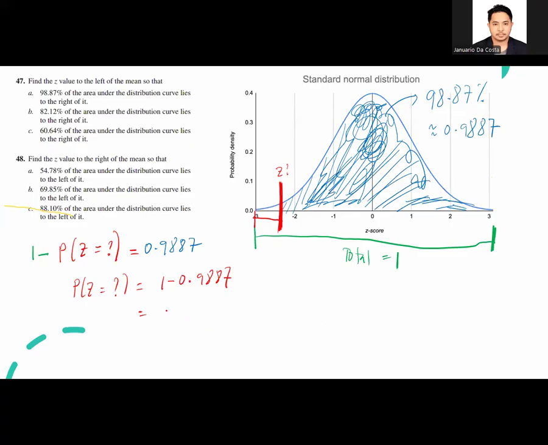That will be 0.0113. So what is the z value that corresponds to this area over here? We think about the negative table. Remember this number: 0.0113.